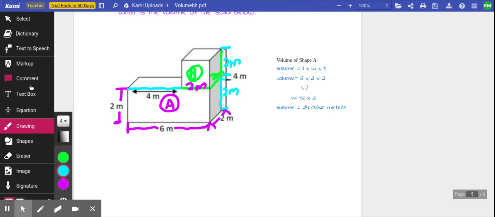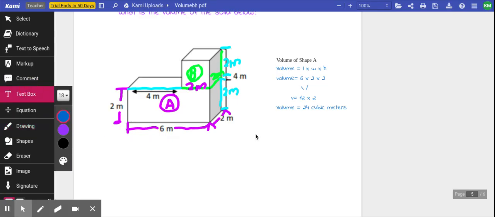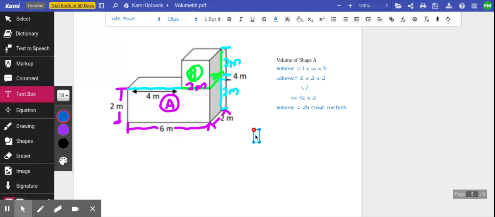So I'm going to go ahead and put my dimensions into the formula. I'm going to label it volume of shape B. Now I'll write the formula. Volume is equal to length times width times height. We know our length is 2 meters, width is 2, and our height is 2 as well.